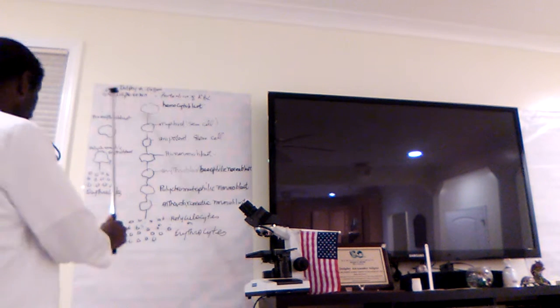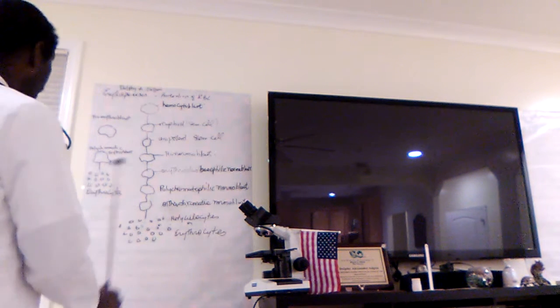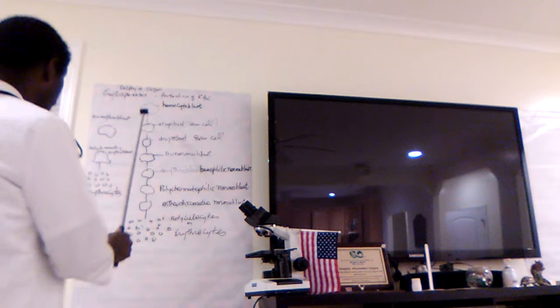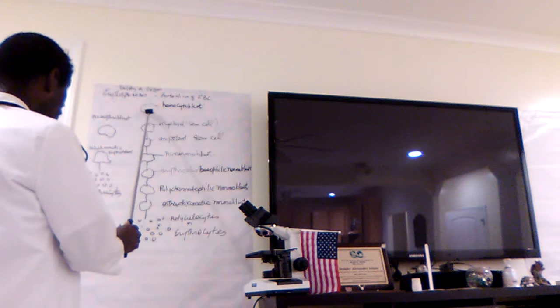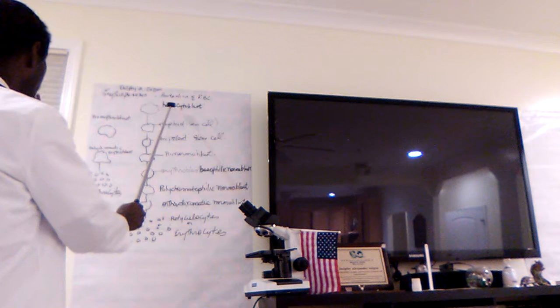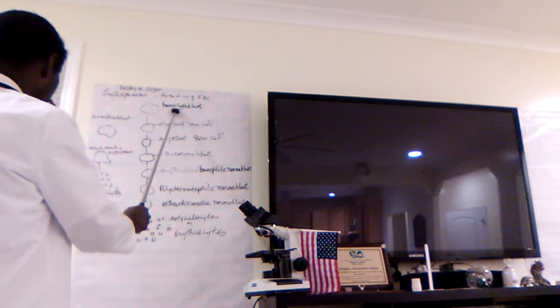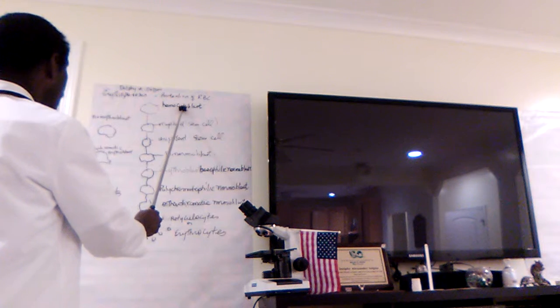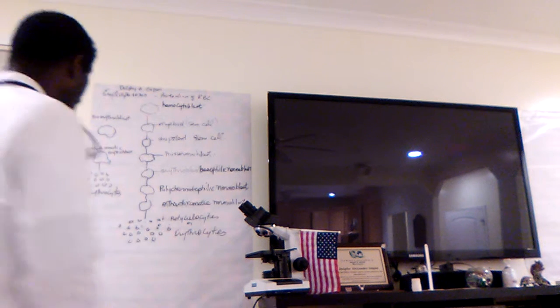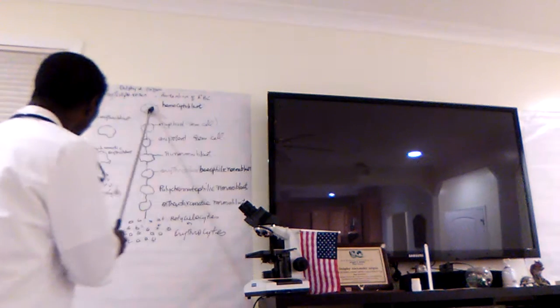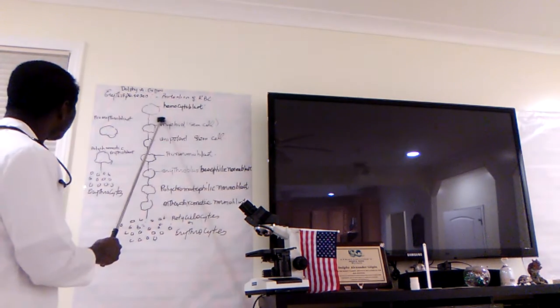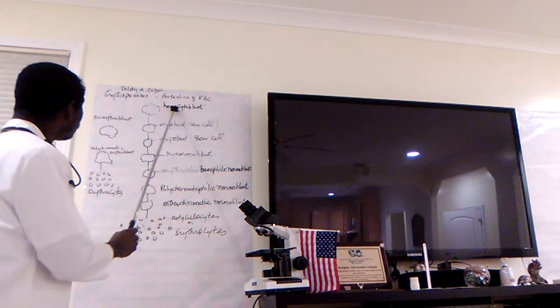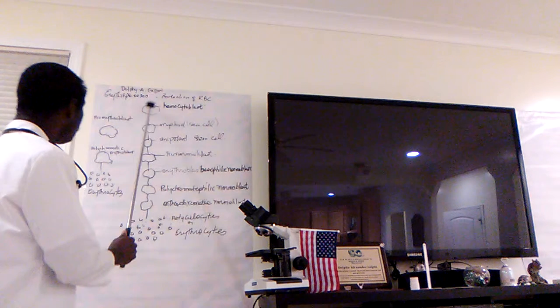Now this erythropoiesis in all cases starts from this hemocytoblast. Some scholars say hemocytoblast, but hemocytoblast, which is the pluripotent stem cell or multipotent stem cell.